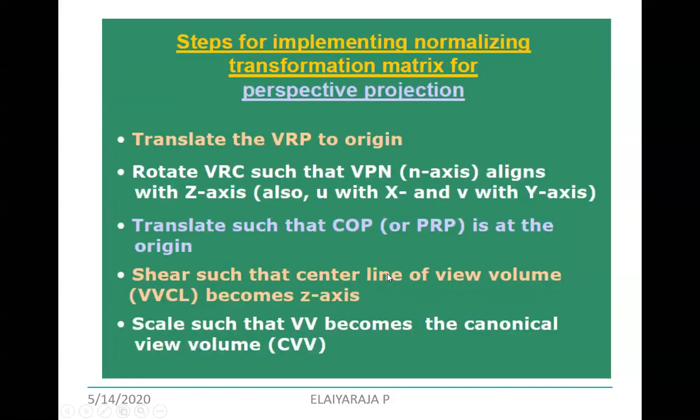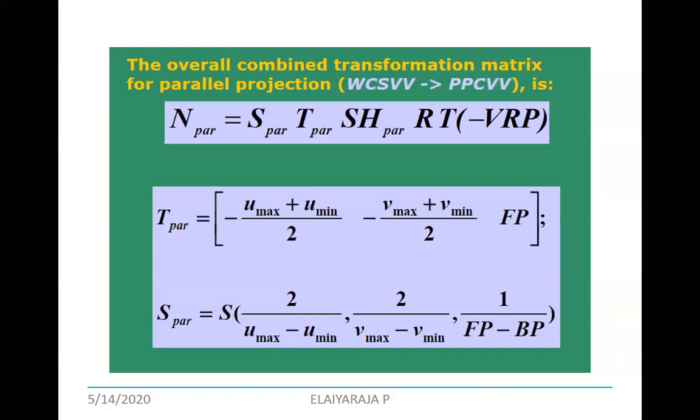So overall, about your parallel projection in the pipeline process, if you take any model and finally view it as normalized screen coordinates, the initial world coordinate system view volume is brought down to the parallel projection canonical view volume, and then to normalized viewing screen coordinates.